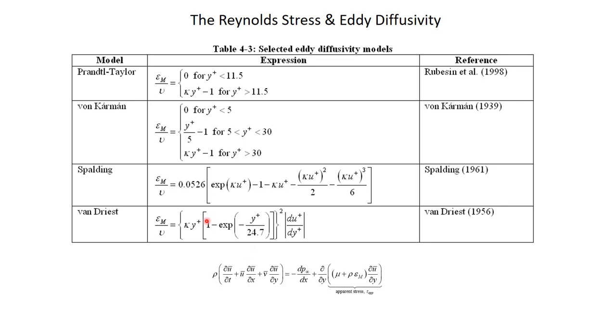And the other point there is that these inner coordinates, which are important for turbulent flow, are made dimensionless based on the quantities that are important for a turbulent flow. Right? We're not going to normalize y by the boundary layer thickness, because the boundary layer thickness in the turbulent flow isn't very important. What's important in the turbulent flow? The viscous sublayer thickness. So that's what we'll use here.